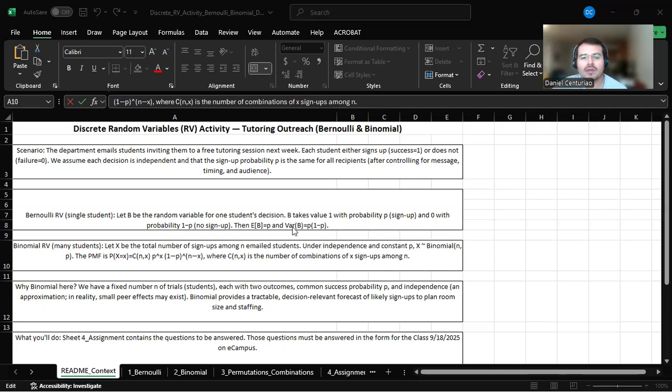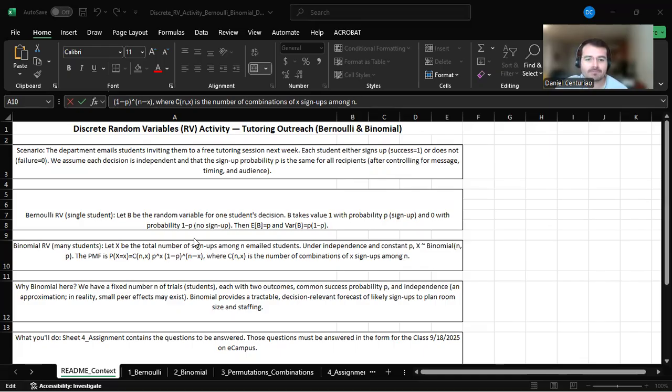And we can also calculate the variance of B. In this case, the variance of B, which is the signups of each student, is given by the probability times 1 minus the probability. This is what theory says we should expect in terms of variance without even knowing the distribution, if we know what p is.